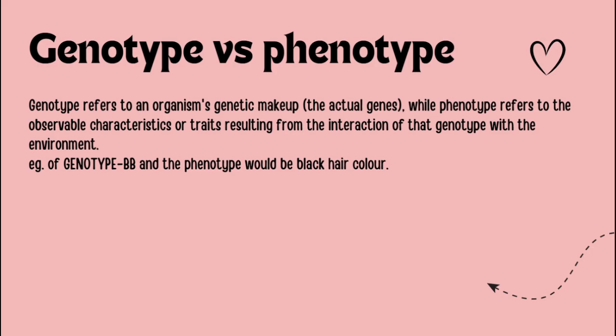So genotype, genetics, and then phenotype, physical characteristics, right? So if we say that big B equals our black hair, this is the genotype, the genetic aspect, big B, and then the phenotype would be the black hair color.